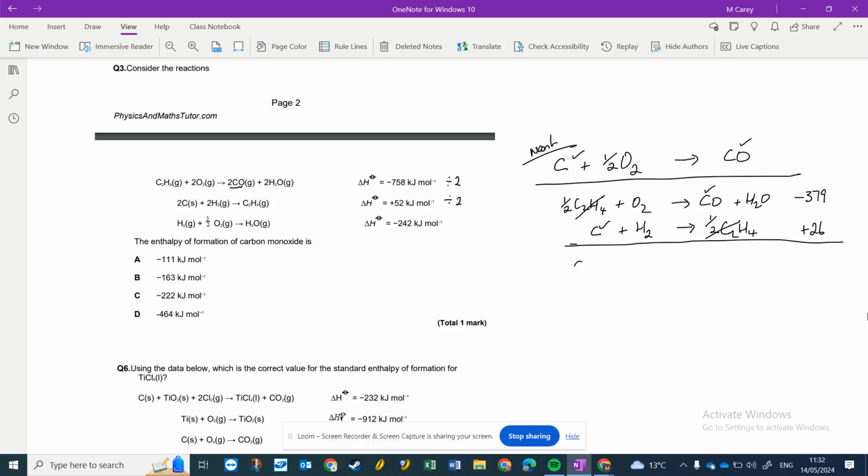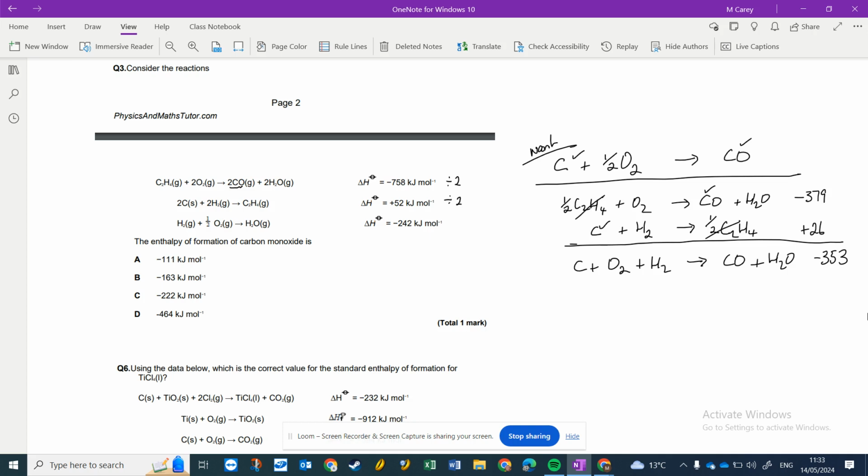We've now got C plus O2 plus H2 gives you CO plus H2O, and the overall change is minus 353.